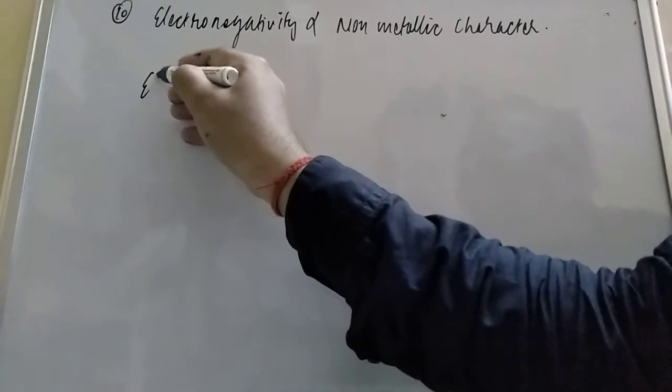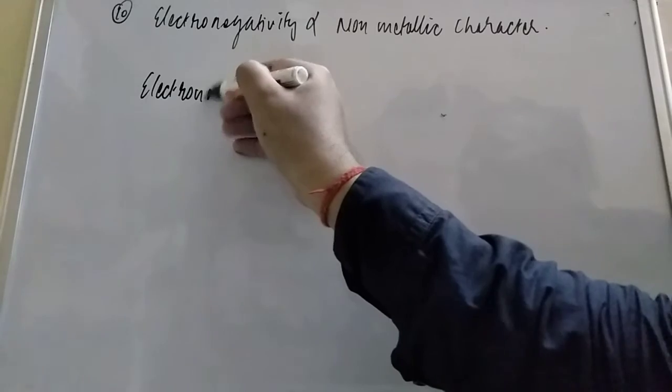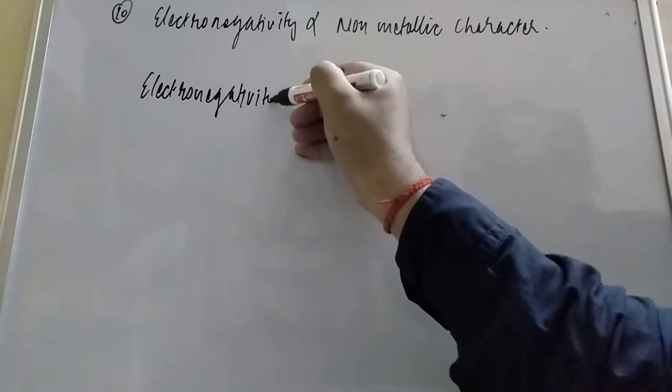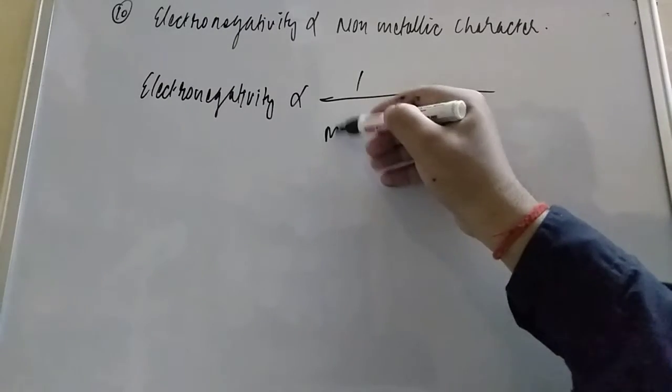If the given atom is non-metal, electronegativity will be high because of the proportional sign. And if it is a metal, electronegativity will be less. So the second point we can write: electronegativity is inversely proportional to metallic character.